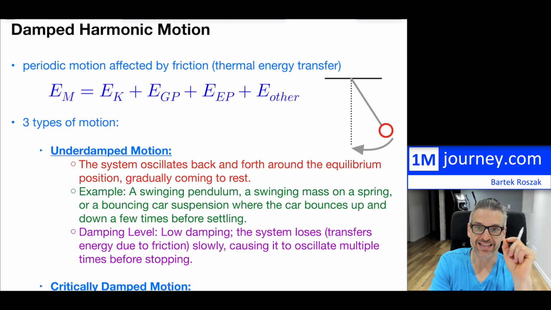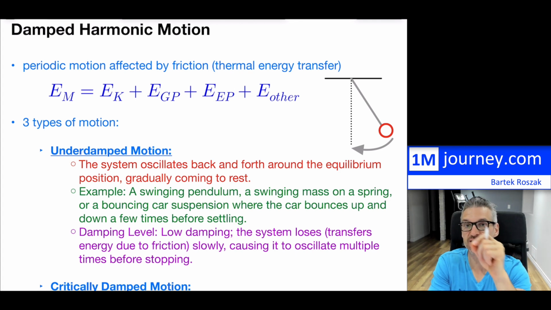Now the word damped really is referring to friction. If you're talking about damped harmonic motion, you can think back to simple harmonic motion, which is a nice oscillating, periodic back and forth. But if you add friction into it, it's not going to simply bobble back and forth forever.